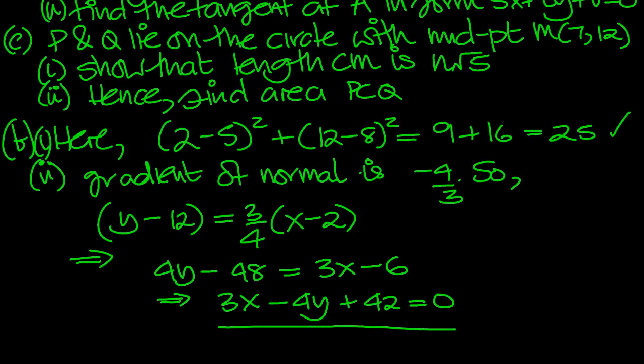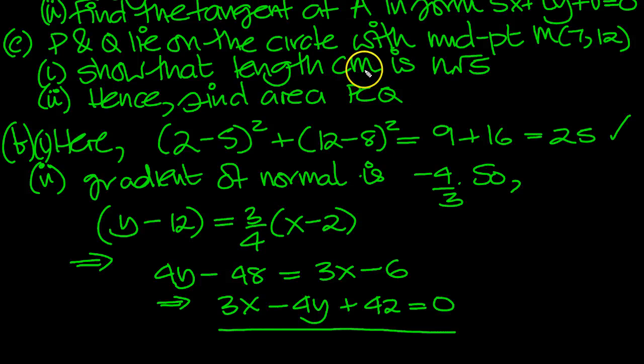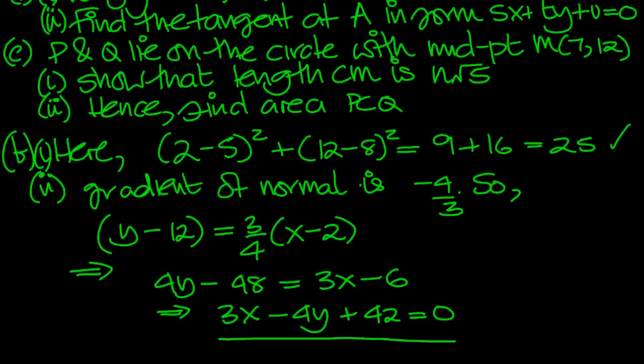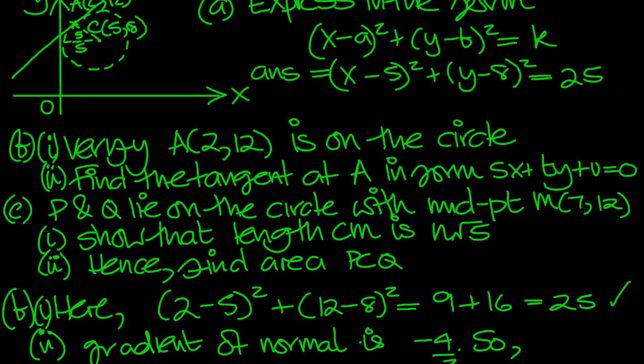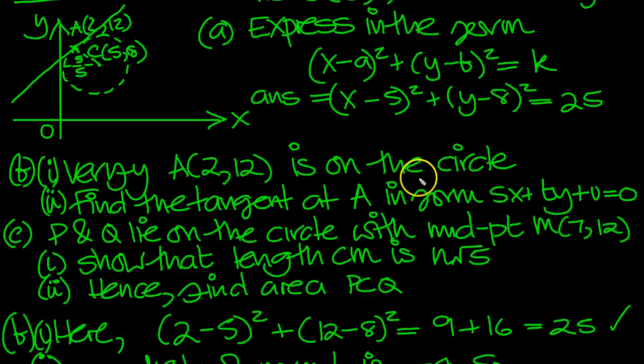P and Q lie on the circle with midpoint M. Show that the length CM is n root 5. So P and Q lie on the circle with midpoint (7, 12). So with centre (5, 8), (7, 12) would be here, just here. It's going to be the same height but there.